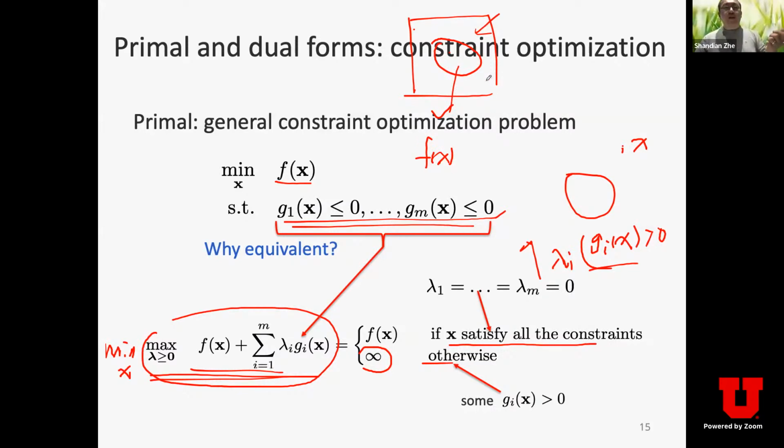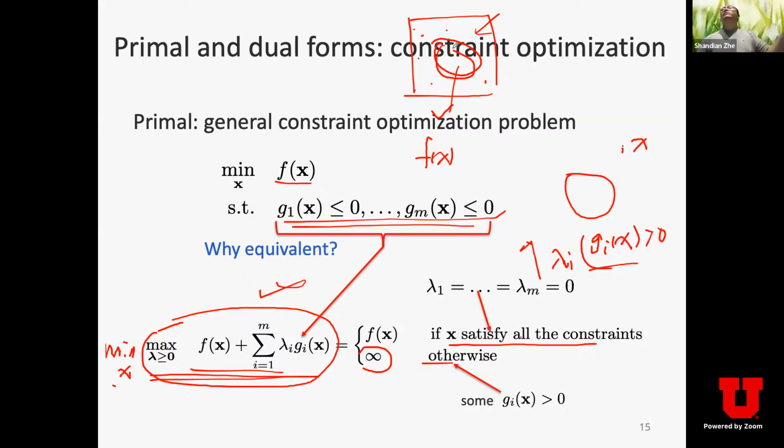And for any x outside the feasible region, the inner maximization will simply give infinity. But overall, we want to pick the x that gives the minimum value. Of course, all the x outside of this feasible region won't give you the minimum value because it's infinity, so the only minimum value possible should be x inside the feasible region.